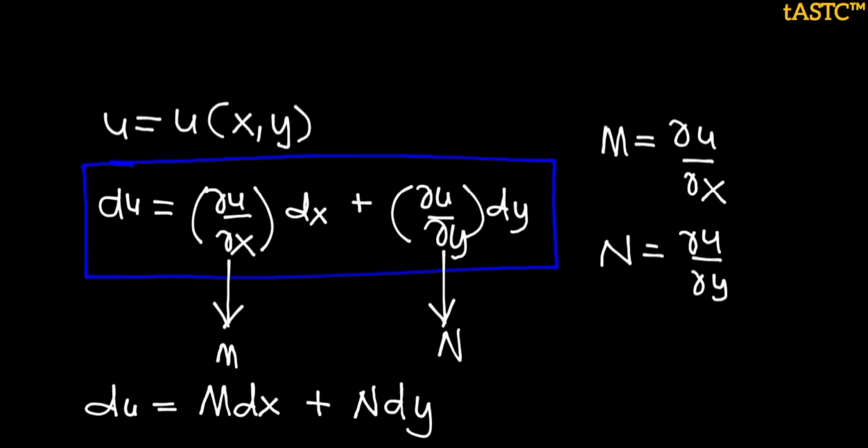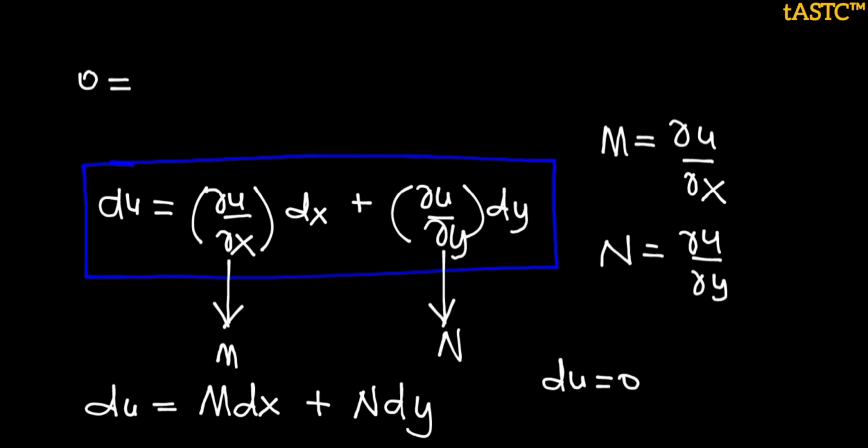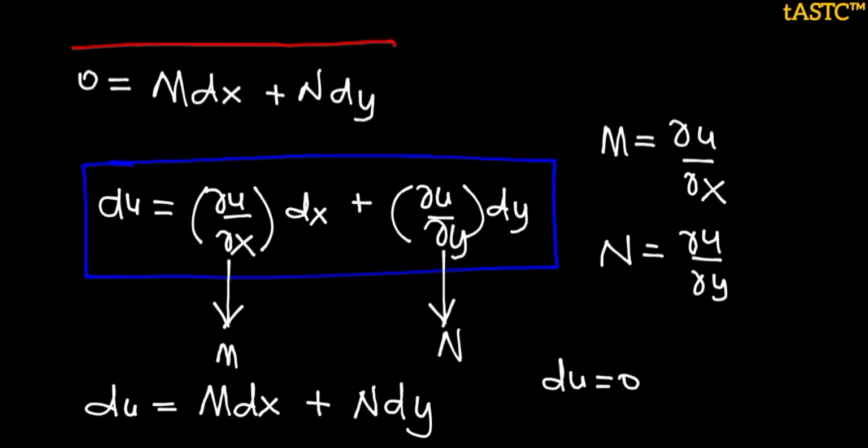Now, let us say that du, the natural derivative of u, is equal to 0. Then 0 is equal to M dx plus N dy. Now, this stuff which you see here is what is called the exact differential equation.